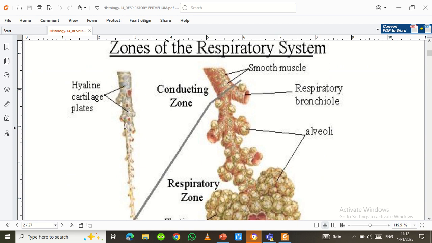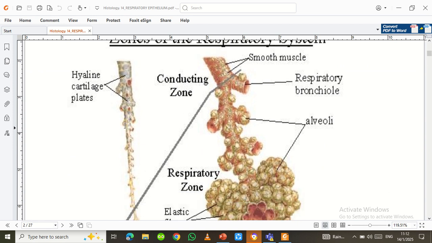You can see that the respiratory system is divided into conducting and respiratory parts. This line is for the conducting. Everything above here is conducting. You can see there are no alveoli, just smooth muscle. There are no alveoli or alveolar sacs here.